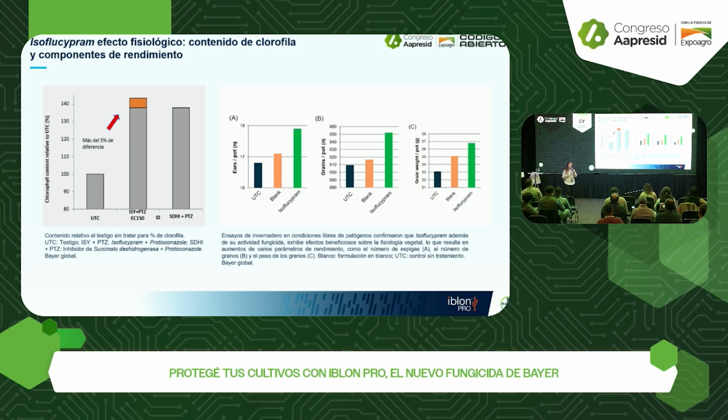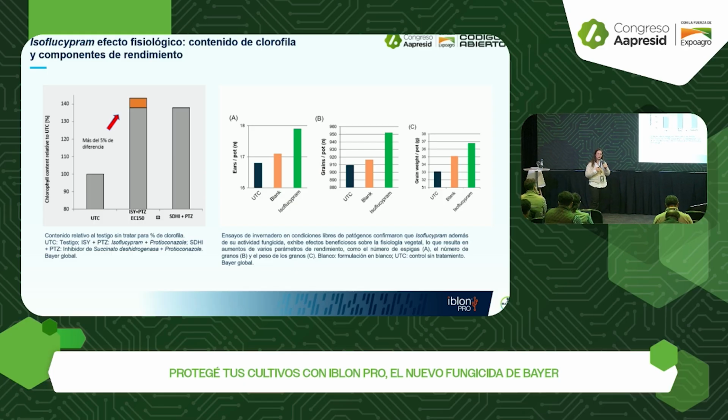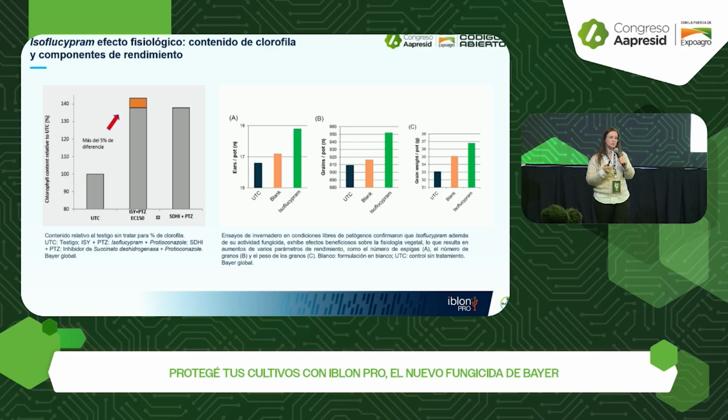So I'm seeing the same impact of treatment number 3, but without isoflucipram. And why am I explaining this? Because today we're seeing on wheat and barley, as well as in soybean and peanut, very good yield results with Iblon Pro. And this is one of the ways in which we can explain that beyond disease control, we're contributing to yield. And the cause is a physiologic cause.